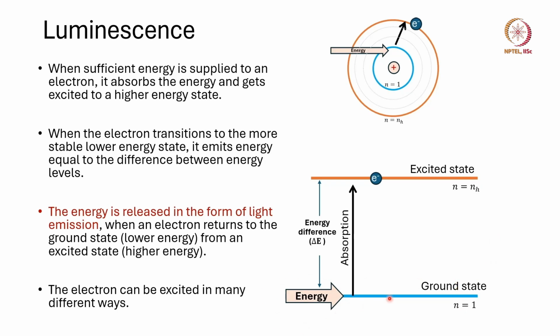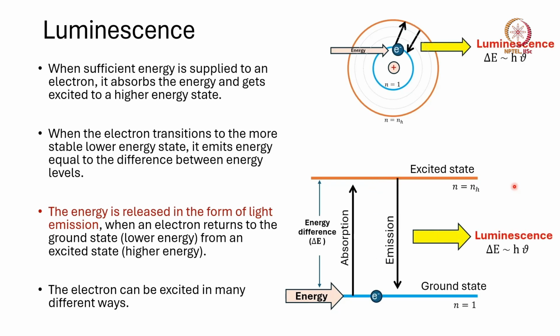And since this excited state, which is a higher energy state, is unstable, the electron relaxes to the ground state, and this same energy difference is emitted by the electron in the form of electromagnetic radiation, which is light.